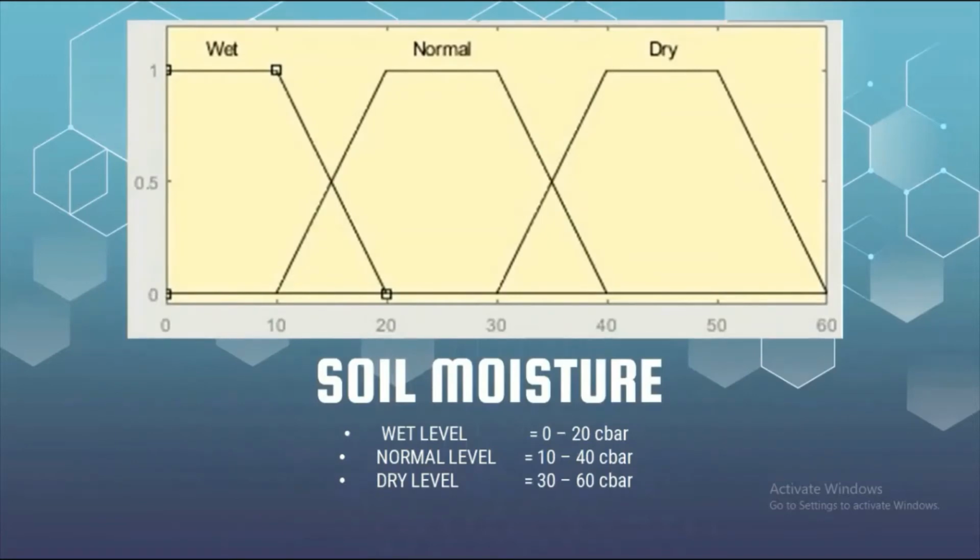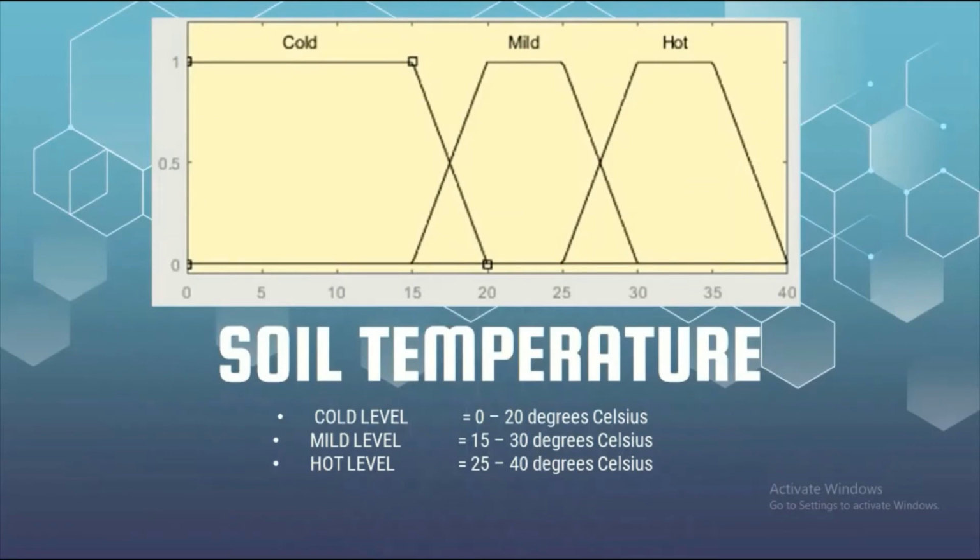In soil moisture, we have three levels. First is the wet level that ranges from 0 to 20 centibar, normal level from 10 to 40 centibar, dry level from 30 to 60 centibar, and then our next input is the soil temperature.